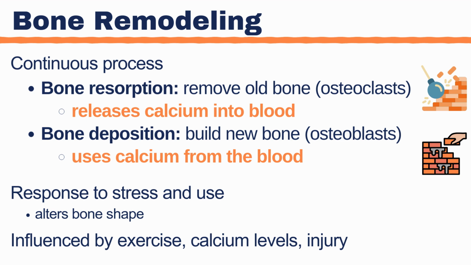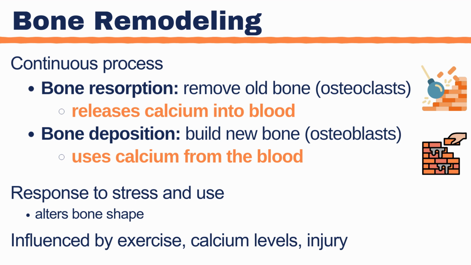Bone resorption releases calcium that was in the old bone into the bloodstream. This results in increased blood calcium levels. Bone deposition occurs when osteoblasts deposit new bone. Bone deposition uses calcium from the blood to make the new bone.